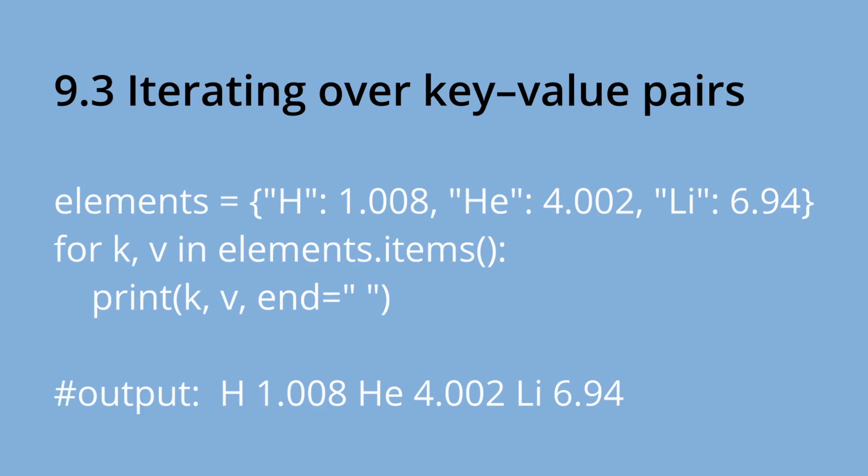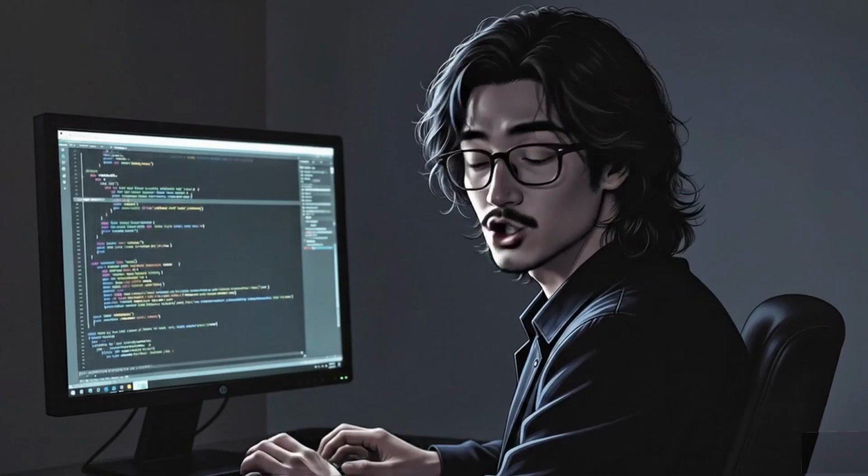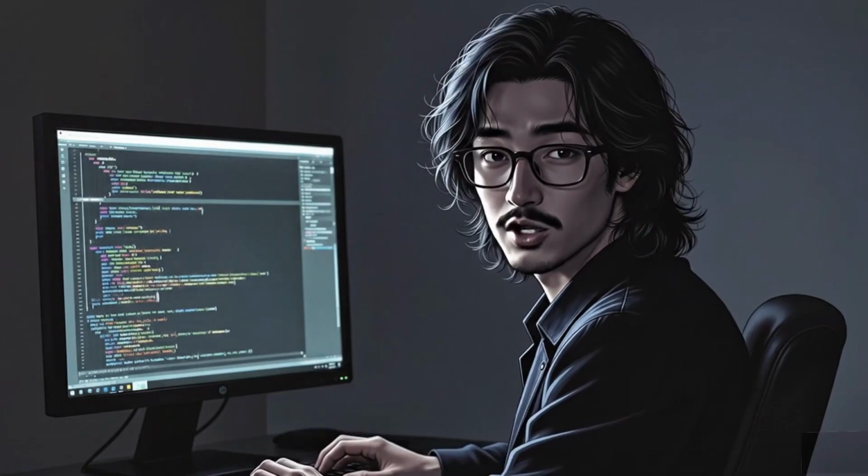For k, v in elements.items, this prints key and value pairs: H 1.008, HE 4.002, LI 6.94. Or if you want the tuple itself, for t in elements.items, here t is the tuple, and when printed, we have tuples H 1.008, HE 4.002, LI 6.94. Iteration is crucial for tasks like summing up molar masses, something we'll do in the next video.